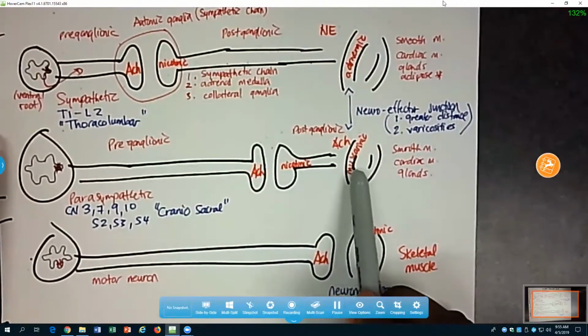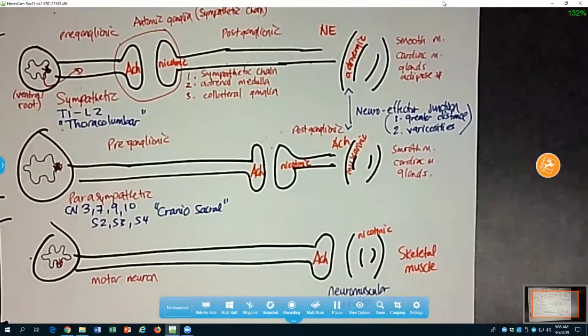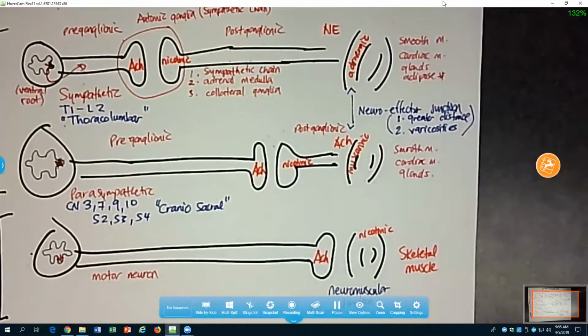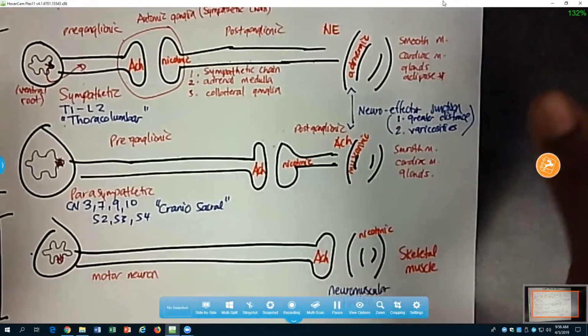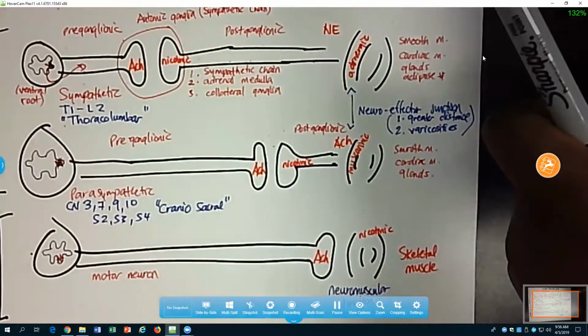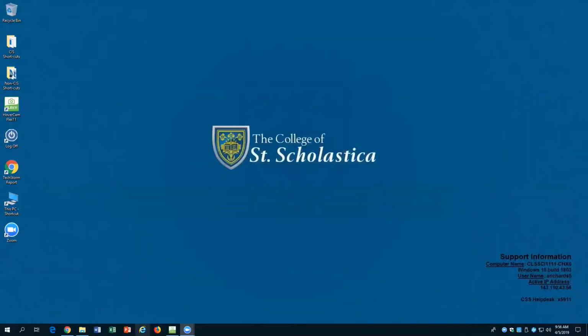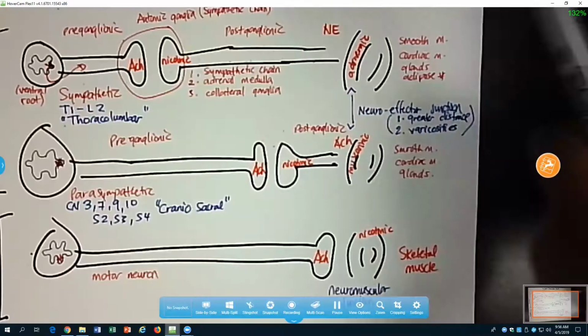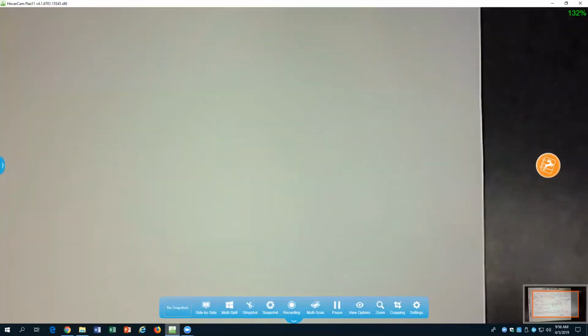Oh, muscarinic receptors versus adrenergic receptors. Okay. So the next thing we'll talk about are those adrenergic receptors.